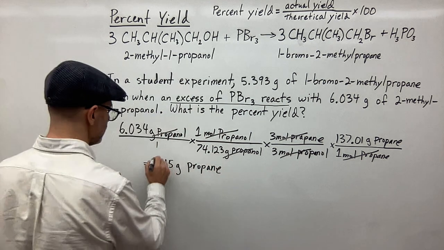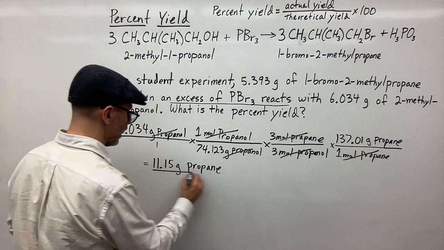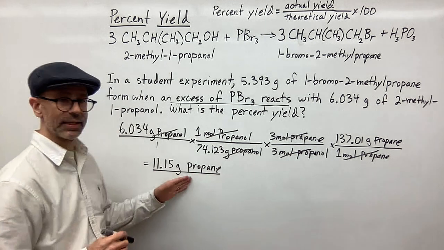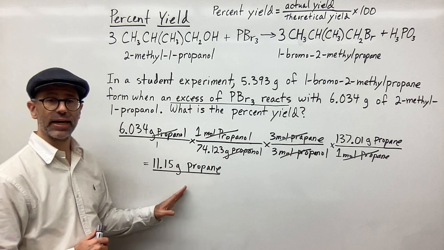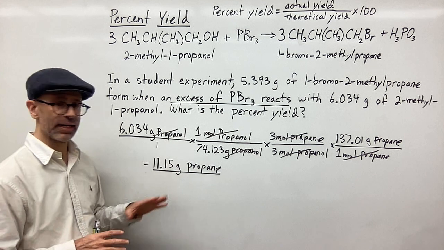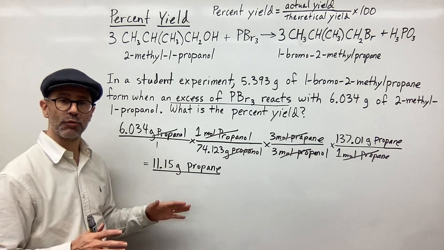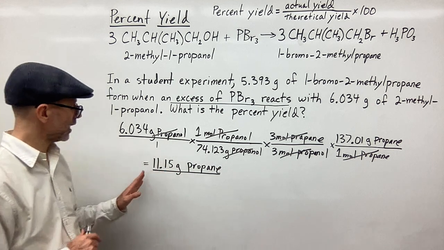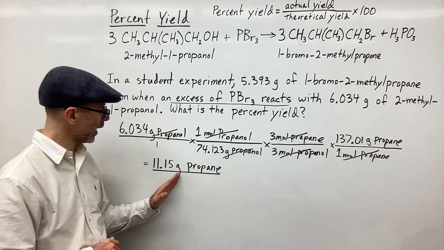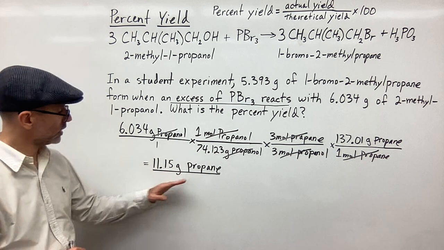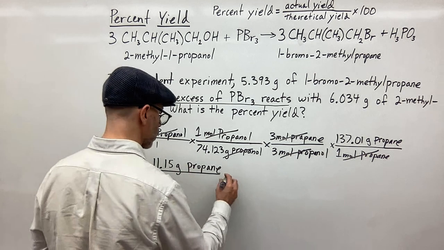So this is what I should theoretically get from the lab based on the laws of chemistry and physics, and if everything was perfectly efficient, I should get 11.15 grams of this propane, right? So this is the theoretical yield.